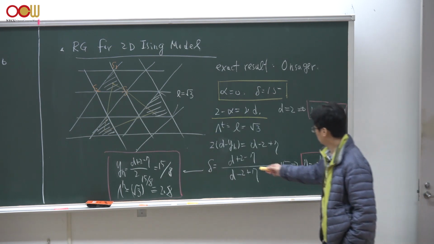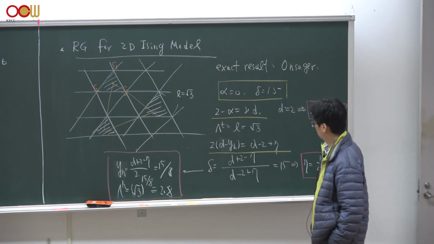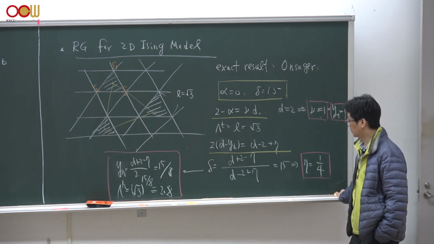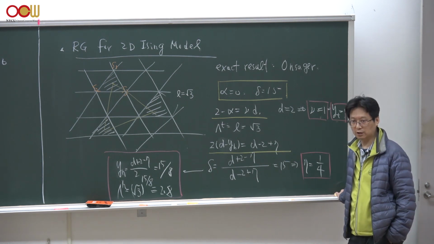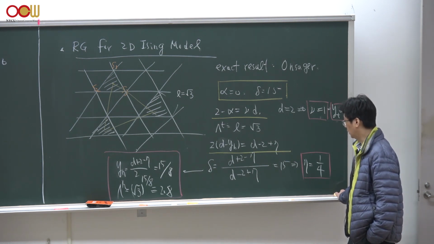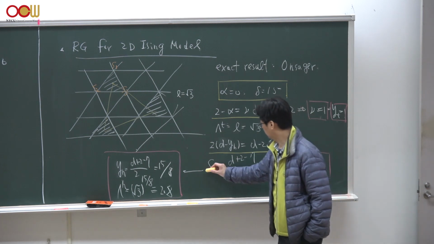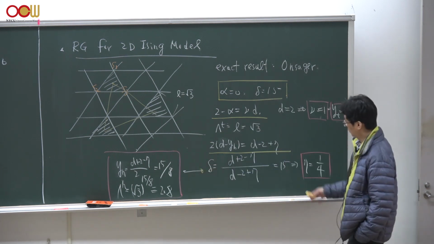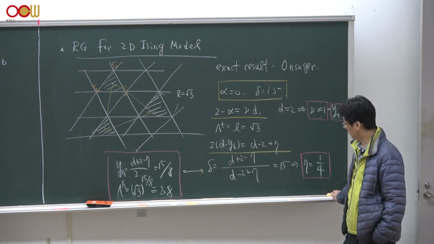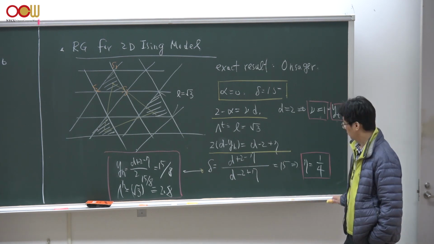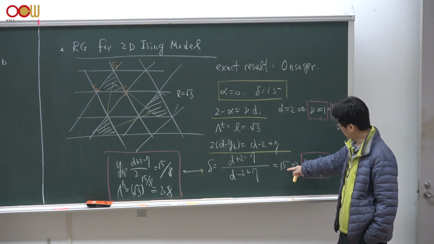We can also look at the other relation that we derived earlier, which relates the dimensionality, y_h, and the anomalous exponent eta. You take the ratio between d plus 2 minus eta and d minus 2 plus eta, and that ratio becomes delta, which is 15.